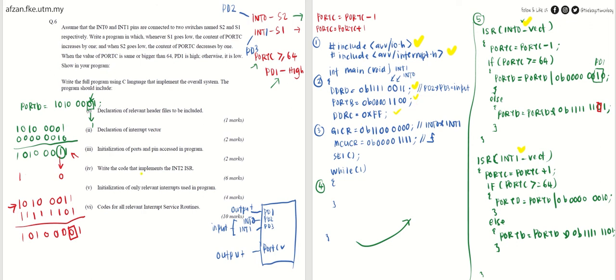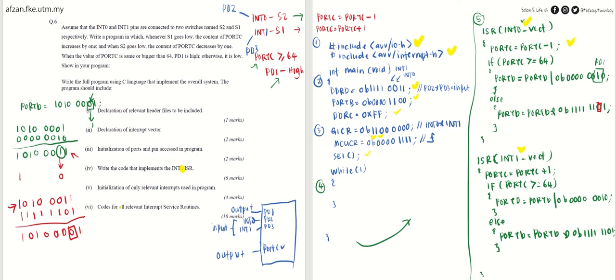Then write the code that implements the INT0 ISR, because we are only using INT0 and INT1. So you already implemented this ISR for INT0. Initialization of any relevant interrupt used in the program: you initialize all the interrupts used, which are INT1 and INT0, as well as MCUCR.